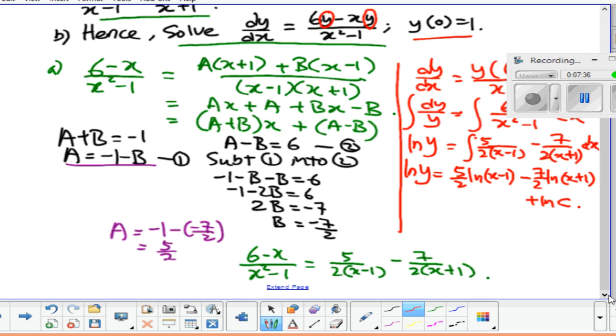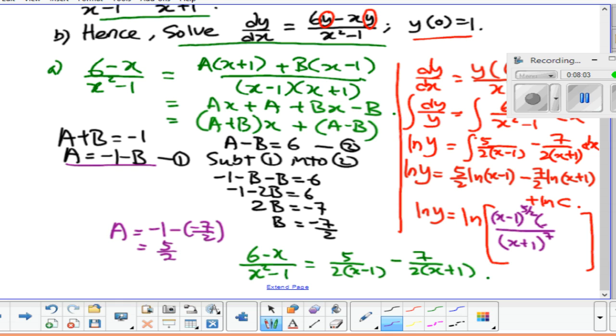So that means I can combine this together. ln y is equal to natural log of a big bracket, in there I will have (x minus 1) raised to the power of 5 over 2, times c, over (x plus 1) raised to the power of 7 over 2.